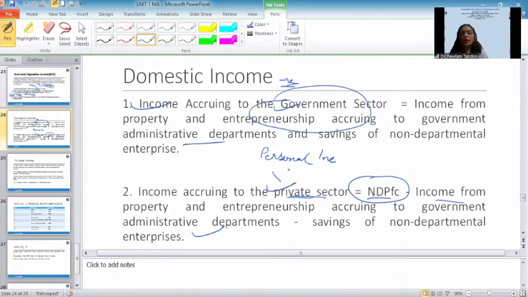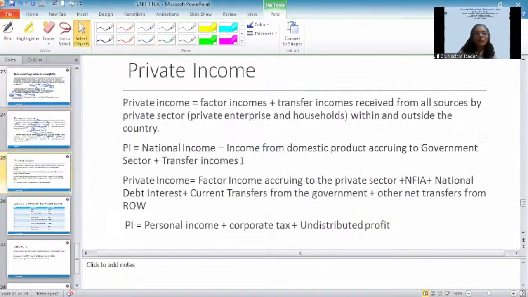And from this you deduct undistributed profits, corporate tax and others, you get personal income. And for personal disposable income, you deduct all tax liabilities and non-tax liabilities. So these are the components to understand. Private income, I've already shared, is income of corporates plus households together.